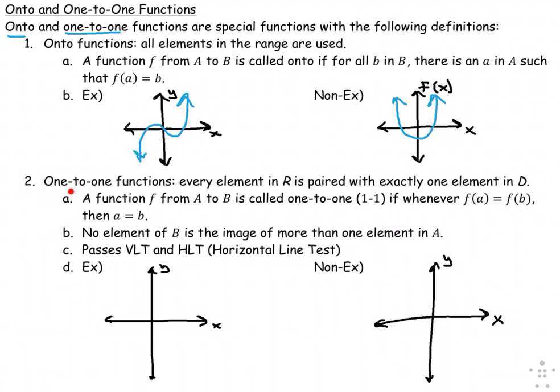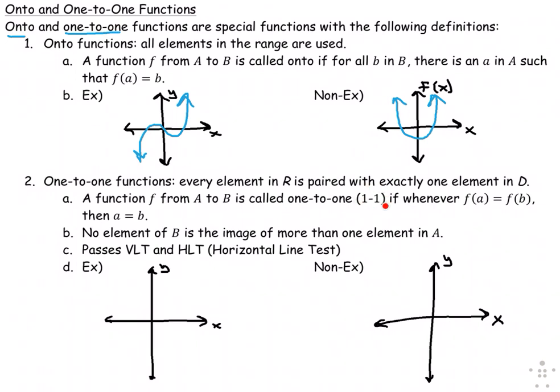Moving on to one-to-one functions, this is when every element in the range is paired with exactly one element in the domain. So in this case, a function f from the domain A to range B is called one-to-one.